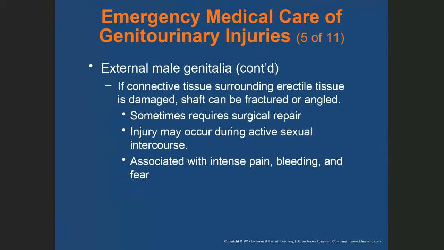If the connective tissue surrounding the erectile tissue is damaged, the shaft can be fractured or angled. This sometimes requires surgical repair. The injury may occur during active sexual intercourse and is associated with intense pain, bleeding, and fear. So the shaft of the penis can actually fracture.